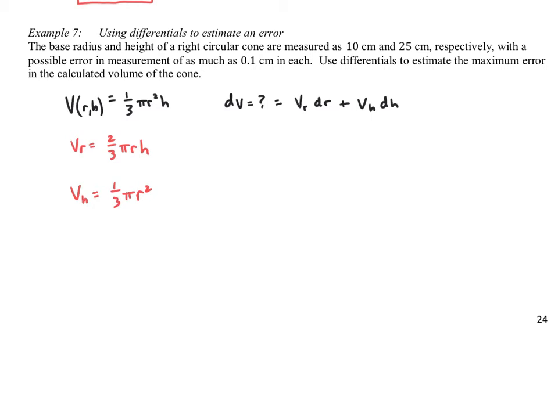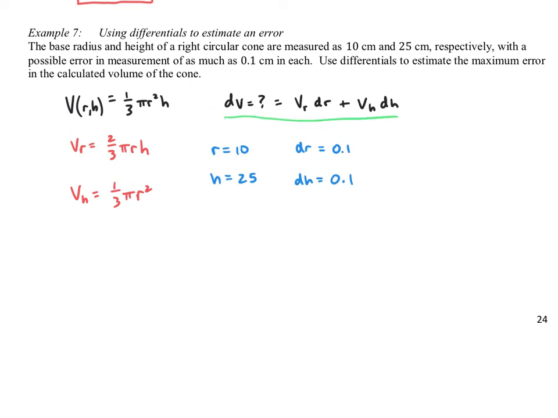So let's go ahead and just outline what we have here. The r value is 10, the h value is 25, the dr is 0.1, and the dh is also 0.1. So we're just going to take our formula and plug all of this in.